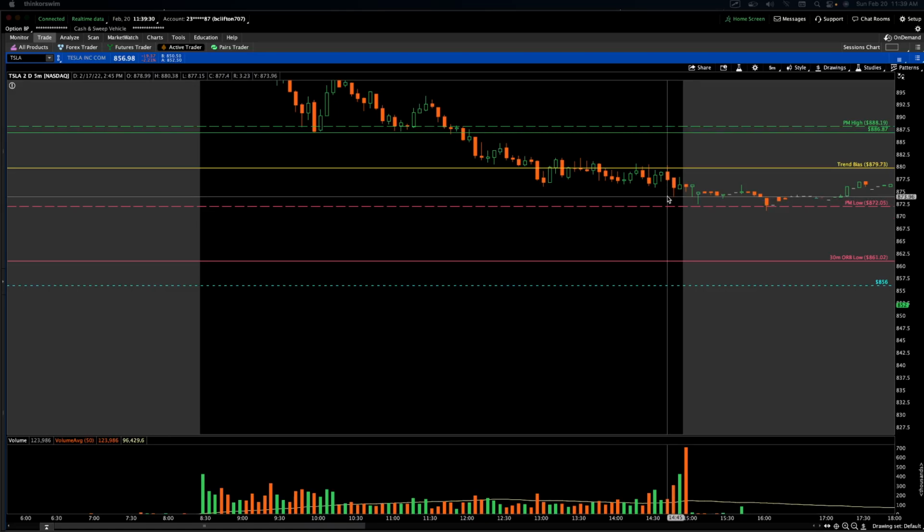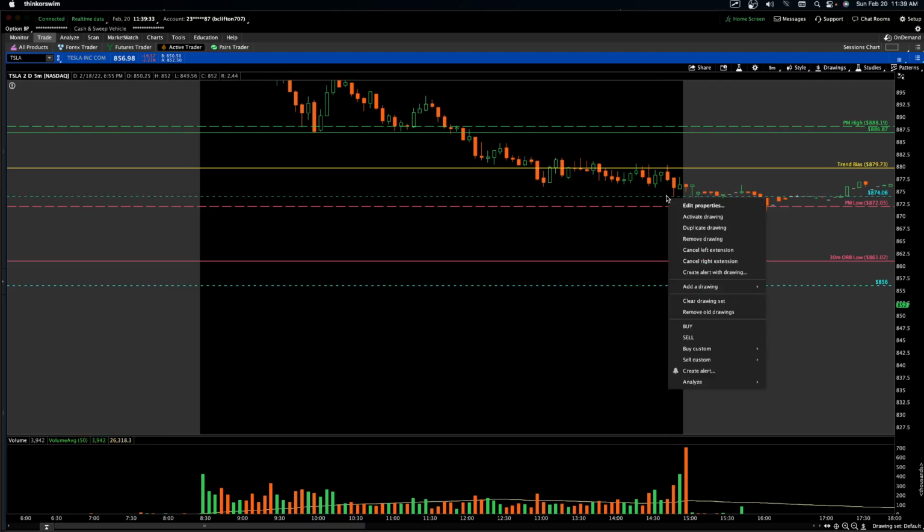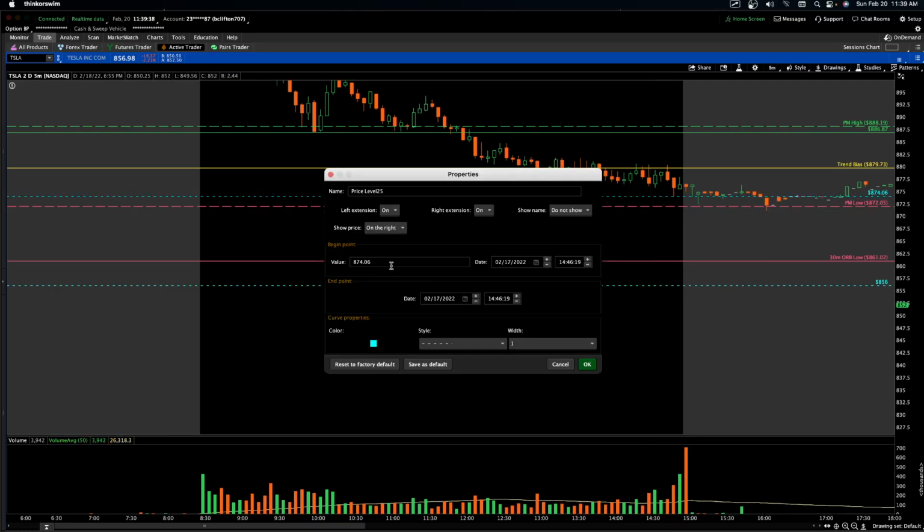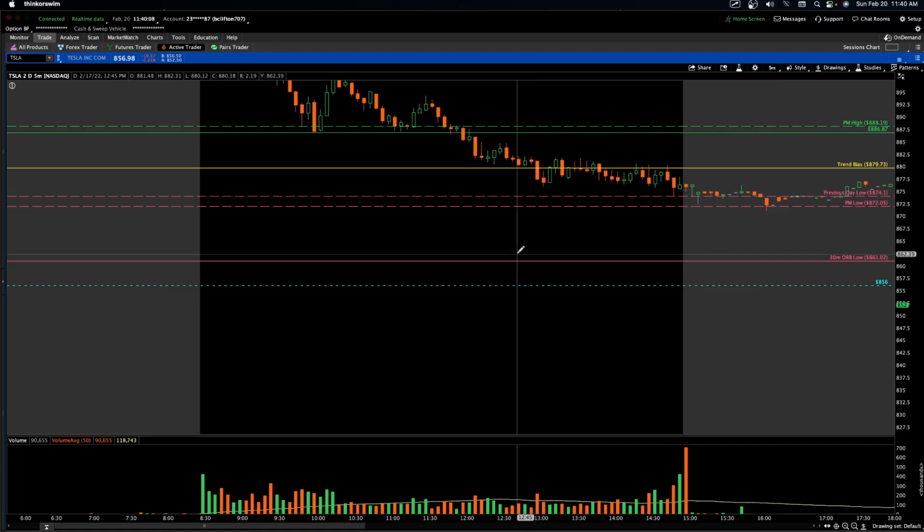So let's draw that real quick. 874.10, and you could do previous day low, PDL, but I'm going to spell it all out so that everybody knows exactly what that level is. We're going to show it. It's a low, so we're going to make it red, and dotted. There we go. So there's previous day low.